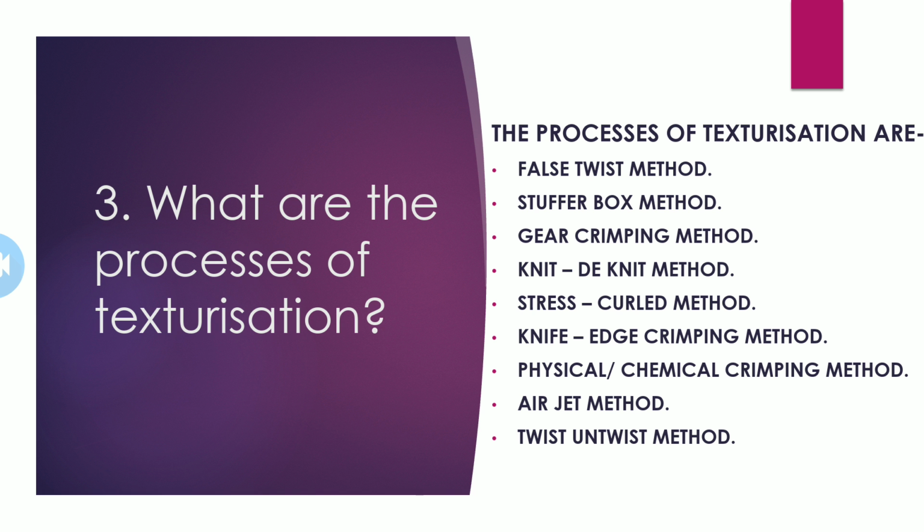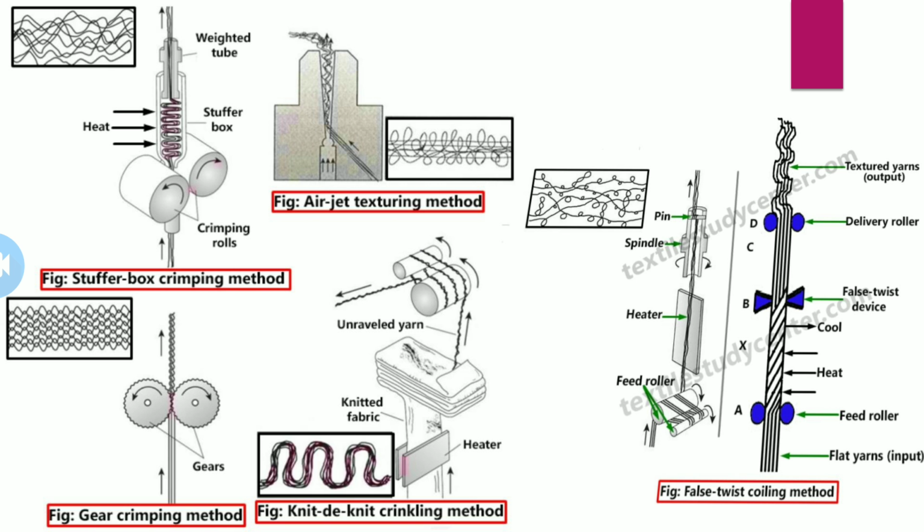So my third question is, what are the processes of texturation? The processes of texturation are the false twist method, stuffer box method, gear crimping method, knit de-knit method, stage curl method, knife edge crimping method, physical chemical crimping method, air jet method, and twist and twist method.